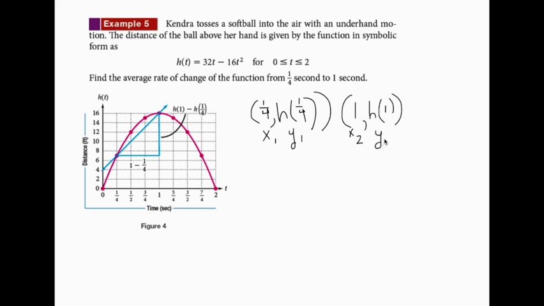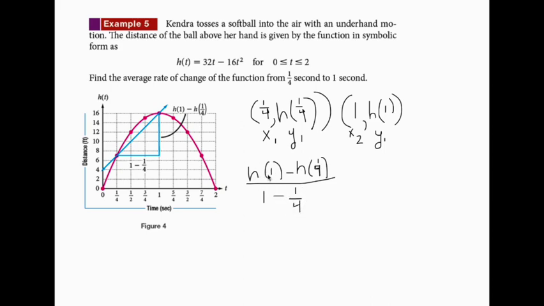and our y2. So we're going to take h of 1 and subtract h of 1/4, and then we're going to divide that by 1 minus 1/4.